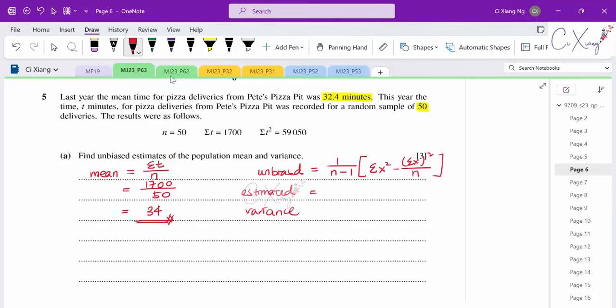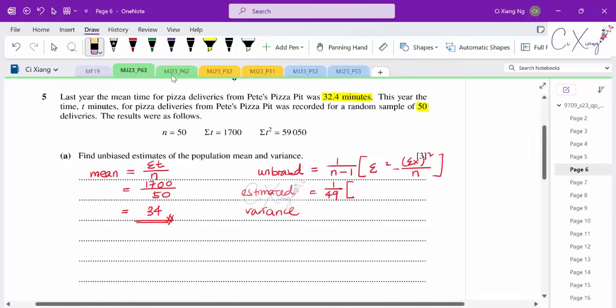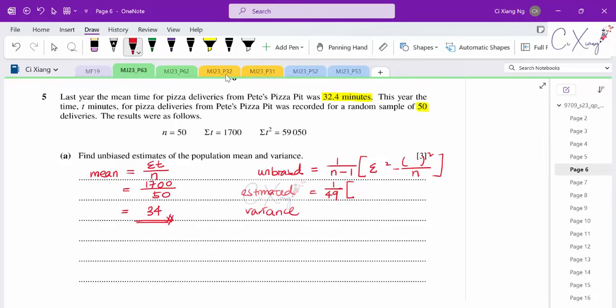If I substitute everything in our question, 50 minus 1 is 49. The summation of x squared, sorry again, I have to change it back to t. So the summation of t squared will be 59050, then 1700 squared divided by 50. By pressing the calculator, you will get the answer 1250 divided by 49.